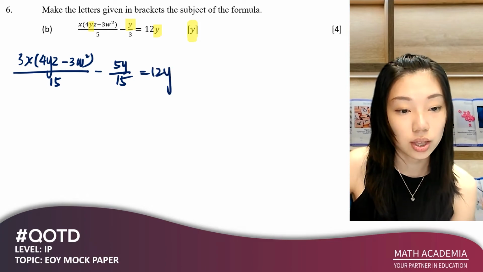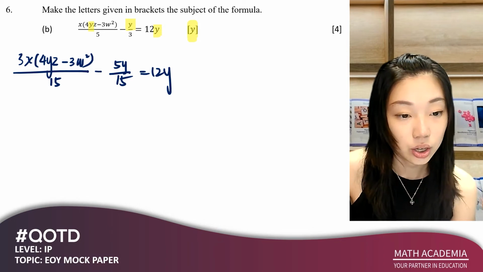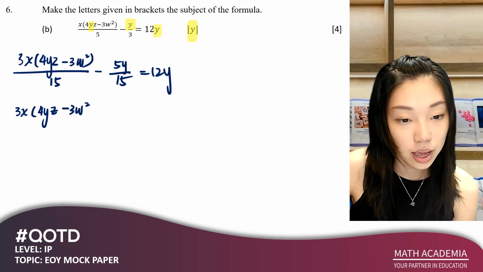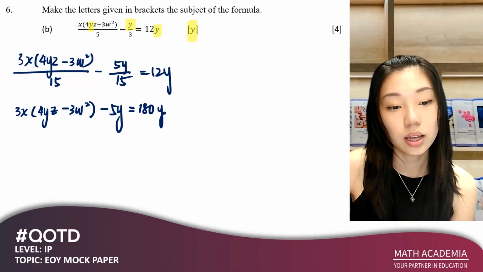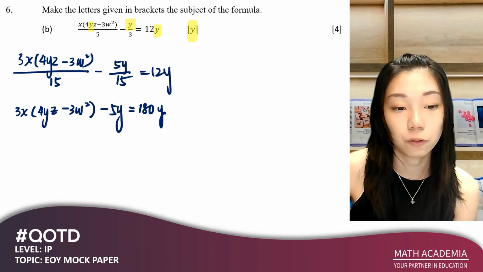So what I can do next is to multiply 15 throughout the entire equation. That would give me 3x multiplied by 4yz minus 3w squared minus 5y equals 180y.